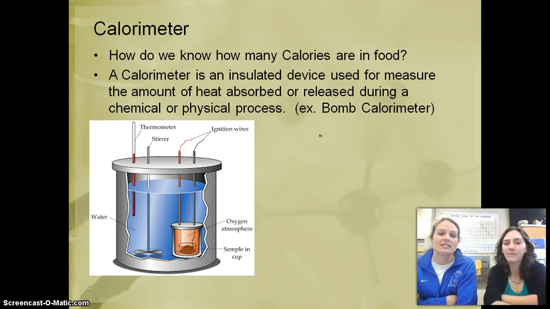So a calorimeter is an insulated device used to measure the amount of heat absorbed or released during a chemical or physical process. The picture you have here is also in your book. This is called a bomb calorimeter because everything's encased, and they're going to heat up the water, and they're going to stir the water, and then they're going to heat up the stuff inside the little chamber in the bottom, and the temperature is going to rise or fall, and you basically are measuring it.